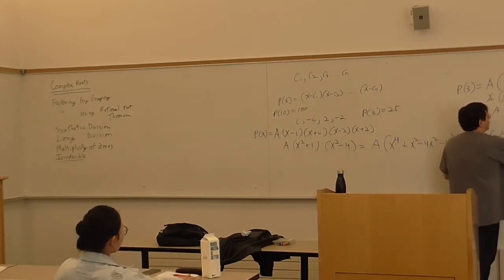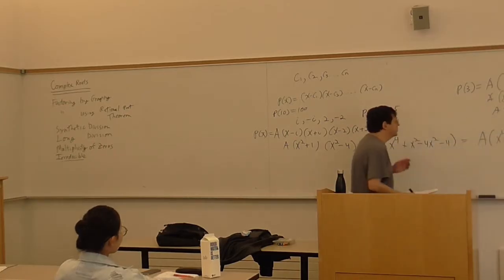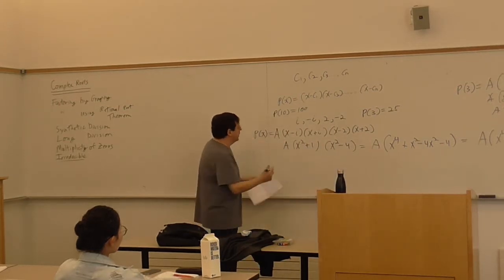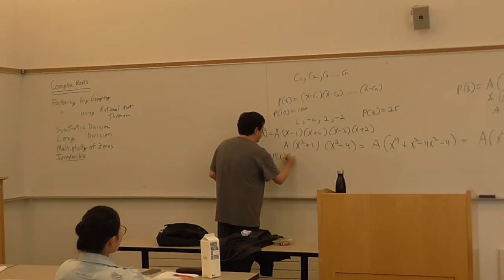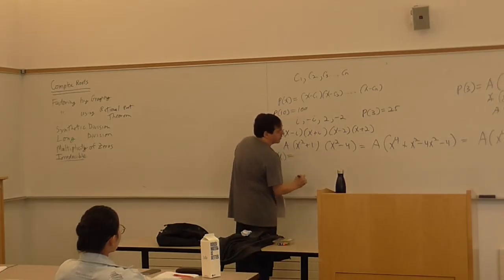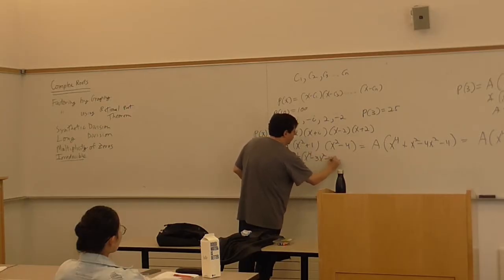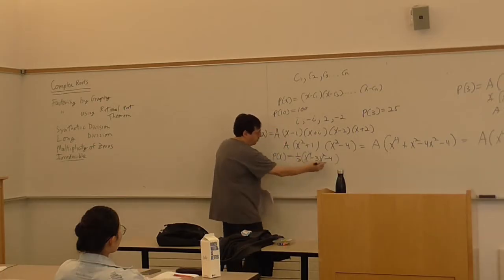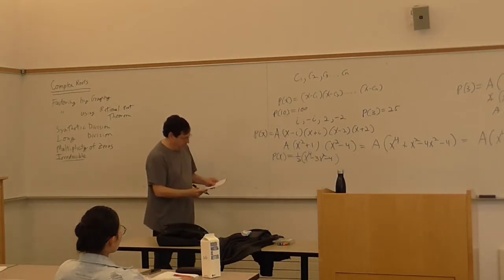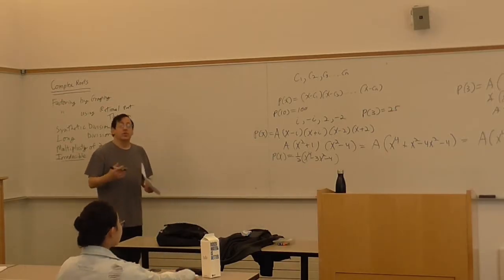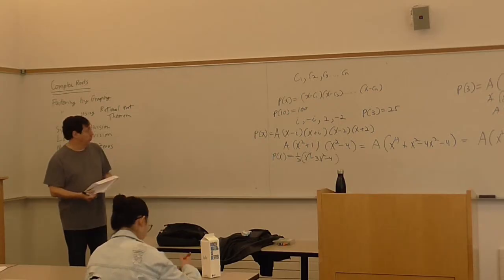So a is just 25 over 50. So finally, the polynomial I wanted to find is 1/2 x to the fourth minus 3x squared minus 4. You can distribute this, or you can put it over 2. All right, that's finding a polynomial with specified roots.